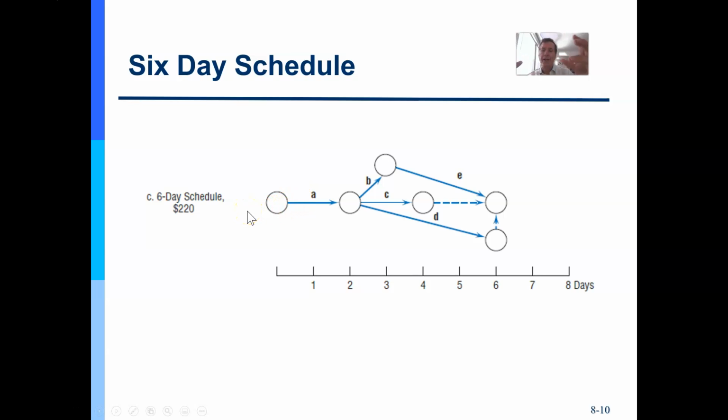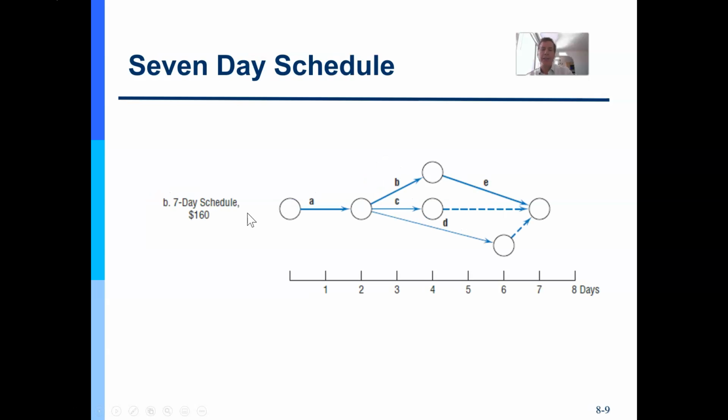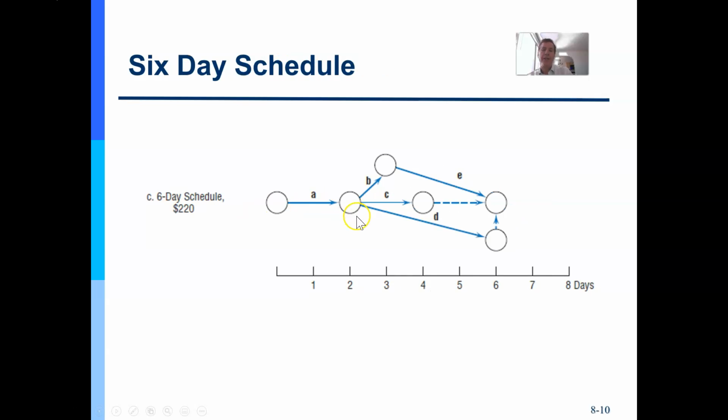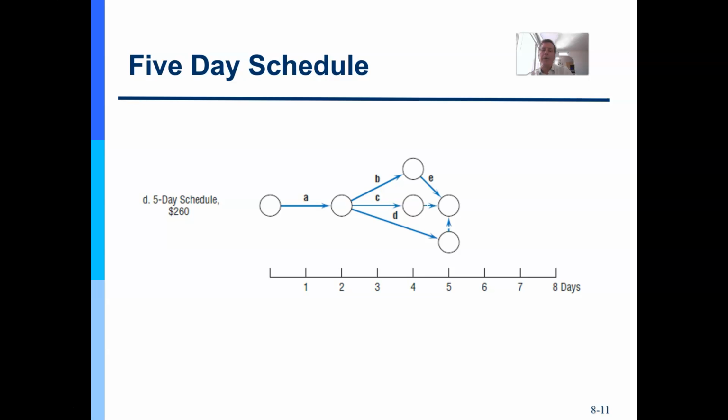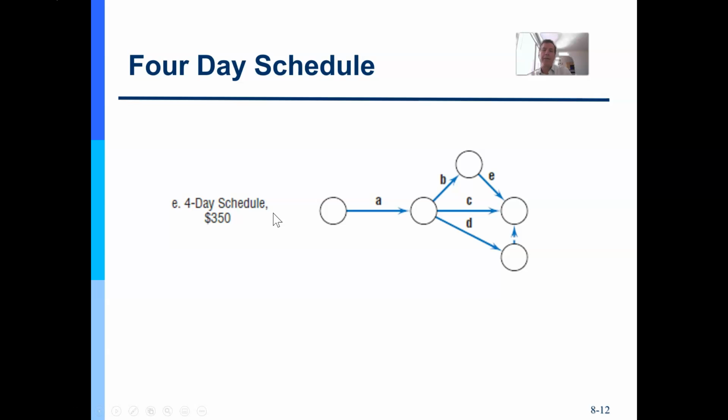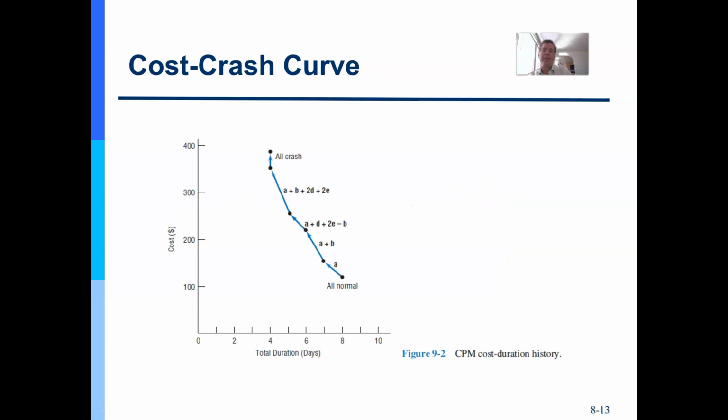I'm accelerating some activities. In this case, activity D. And I'm going to need resources, and that's going to cost me a little bit more money. What if I wanted to make it a 5-day schedule, right? Would cost me even more, and I could maybe accelerate some of the other activities on the critical path, okay? And a 4-day schedule, the same. It just gets more and more.